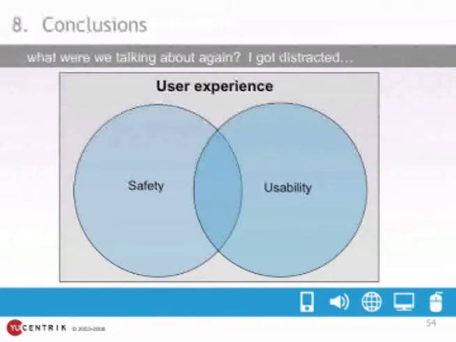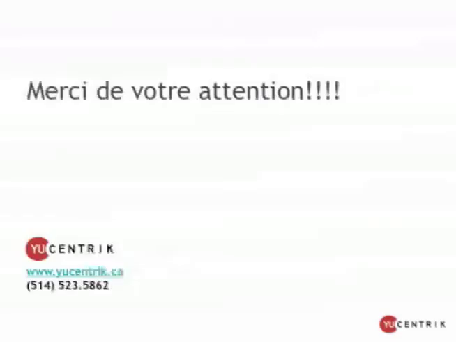Not just the quote-unquote make sure the buttons are in the right place and the steering wheel is aligned usability testing, but making sure that everything gets tested. And if you went to a boardroom full of suits and said, okay, safety is more important than usability because safety can kill people, it doesn't have to be mutually exclusive. We can be safe and we can maintain the user experience. And that is it.